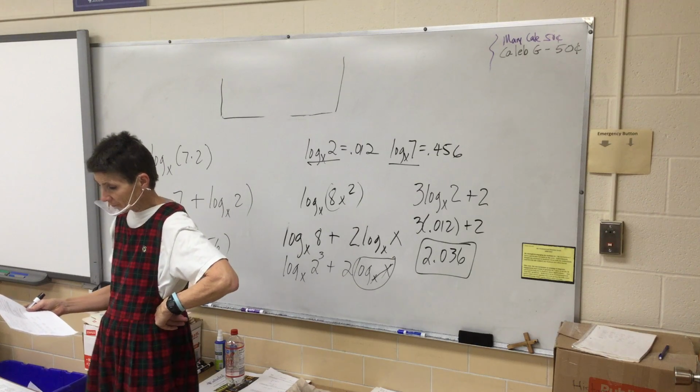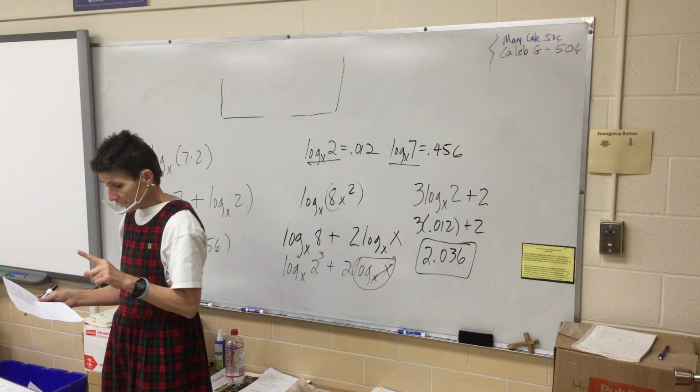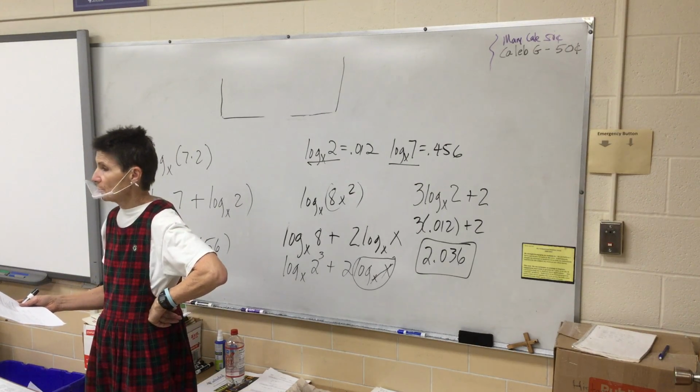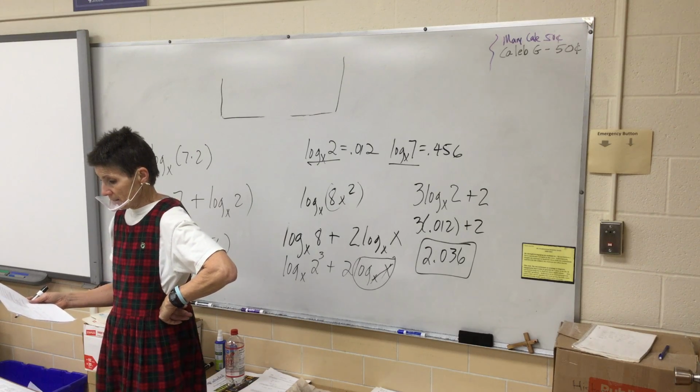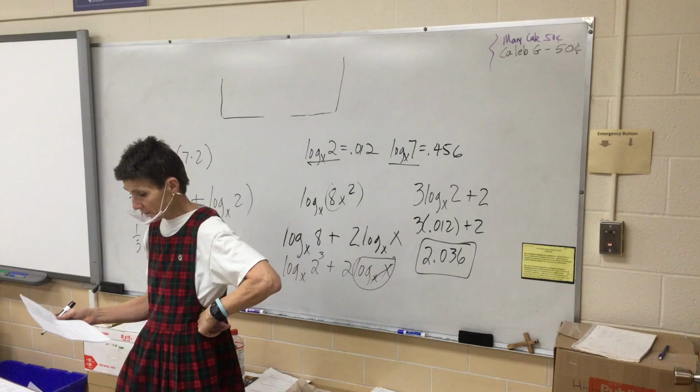Anybody have a question about this? The circled ones are the calculator problems. Everything else you should be able to do without a calculator. So if it's not circled, think about, could you do that without a calculator?